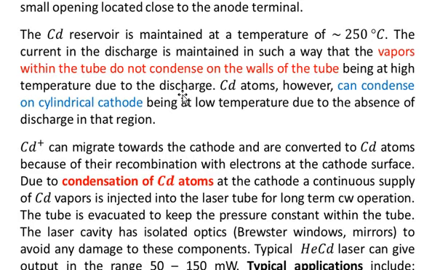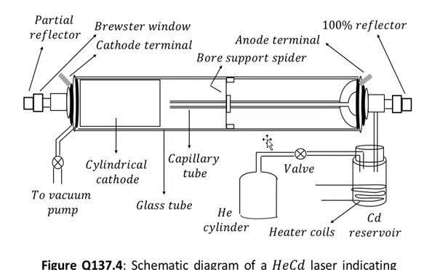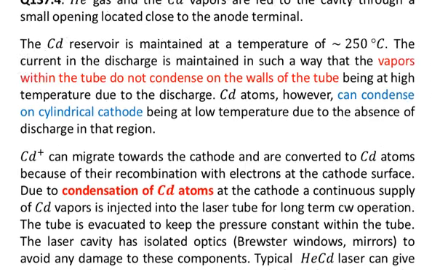So due to the discharge current present in the tube, the vapors of these gases will not condense at the wall of the tube, because the wall is heated due to the presence of the discharge current. So the vapors will not condense there, but the vapors may condense somewhere. Let's talk about that.